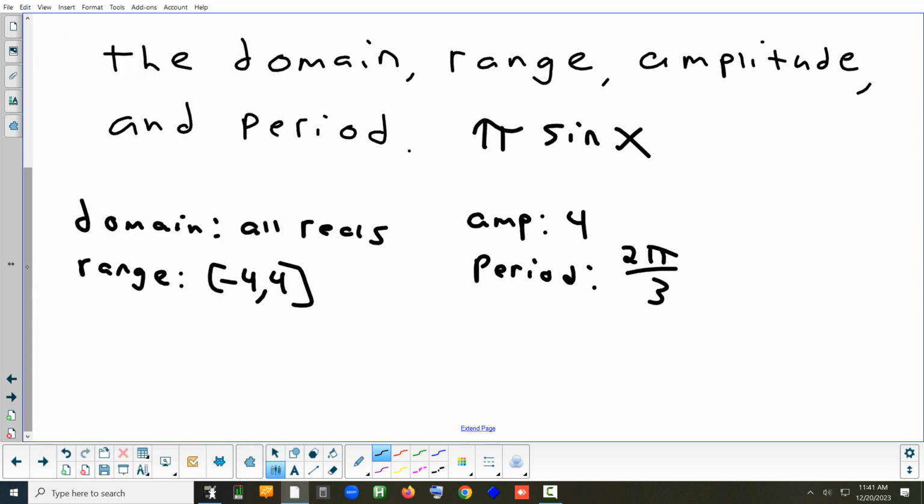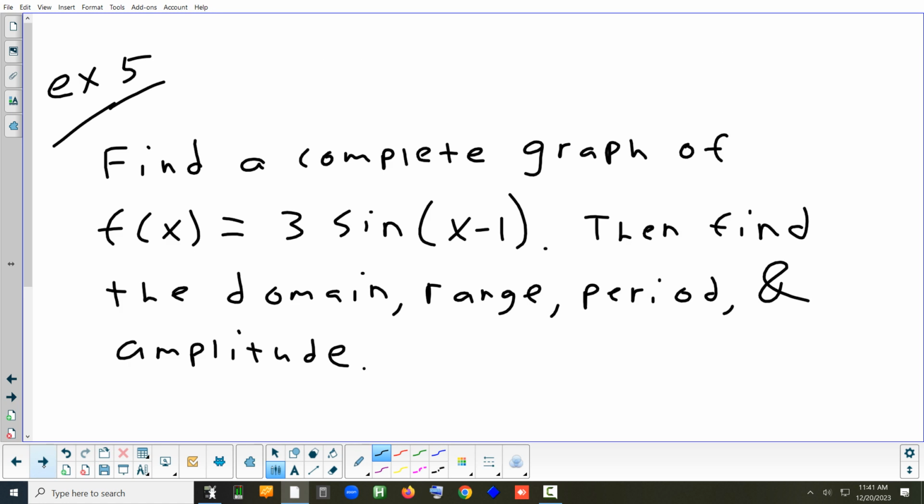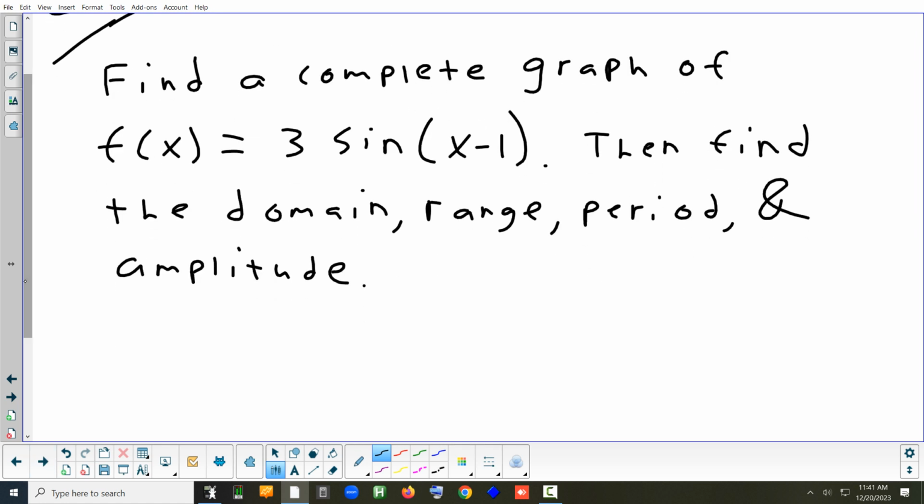Domain, range, period. Perfect. All right, let's try this one. Find a complete graph, and then domain, range, period. Okay. Domain, all real numbers. Okay. Range.